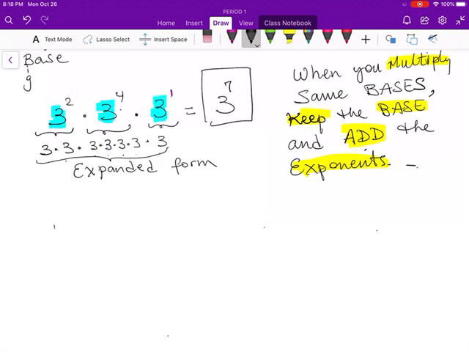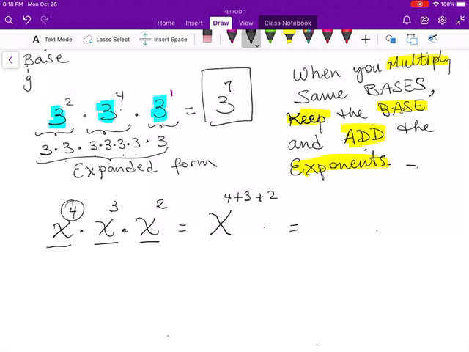So let's say you have x to the power of 4 times x to the power of 3 times x to the power of 2. Here we have multiplication of same bases. So the rule says keep the base and add the exponents. So we're going to add 4 plus 3 plus 2, and 4 plus 3 is 7, 7 plus 2 is 9.